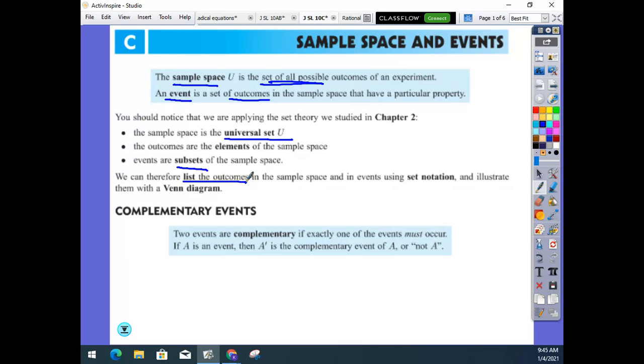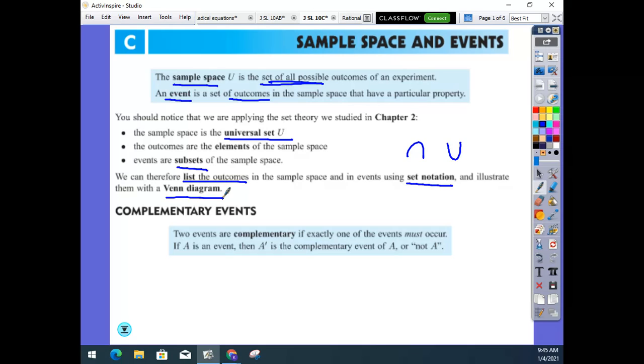We're going to look at a couple of different ways that we can list the outcomes and organize the information. It's really the organization that will help you the most. And then we're going to use set notation, using our intersect or union, and use Venn diagrams to help us out.